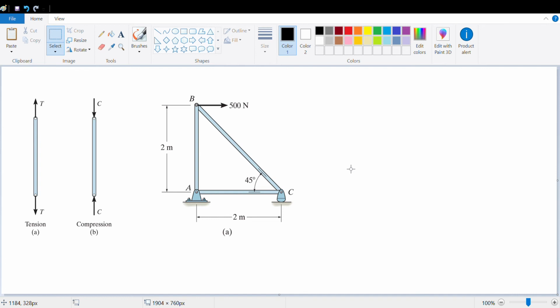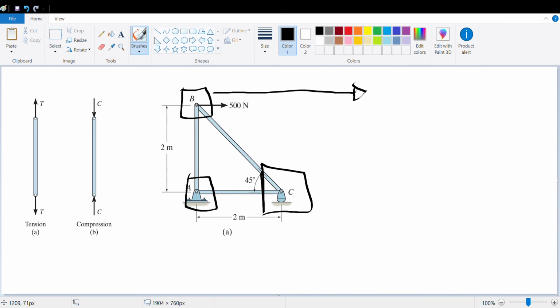So if the entire structure in this figure A is in equilibrium, then each of the joints has to be in equilibrium also. So the joint method consists in looking at just one joint. For example, here we can look at B. We look at the forces acting on it.